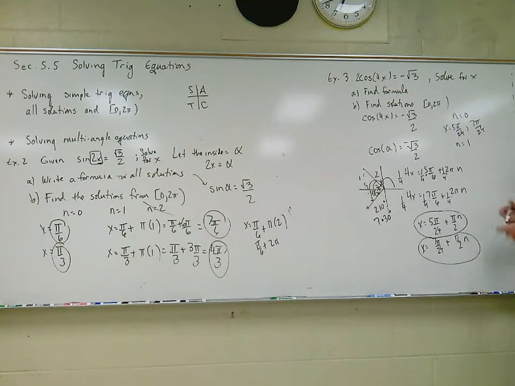So then I'll plug in a 1. When I do n as 1, it's going to be 5 pi over 24 plus pi over 2. Well, I might as well go ahead and get a common denominator for pi over 2. I'm going to make pi over 2 what? Yes, 12 pi over 24. So 5 pi over 24 plus 12 pi over 24.